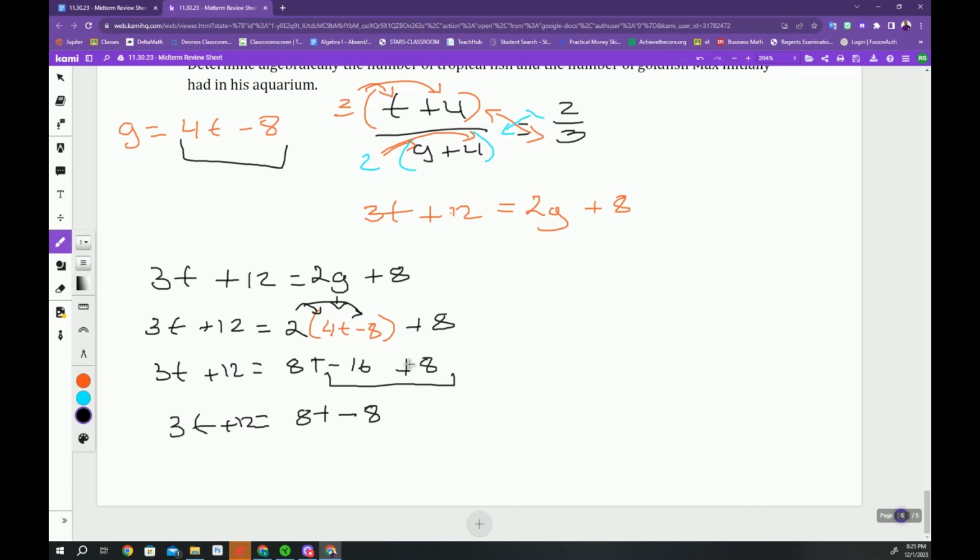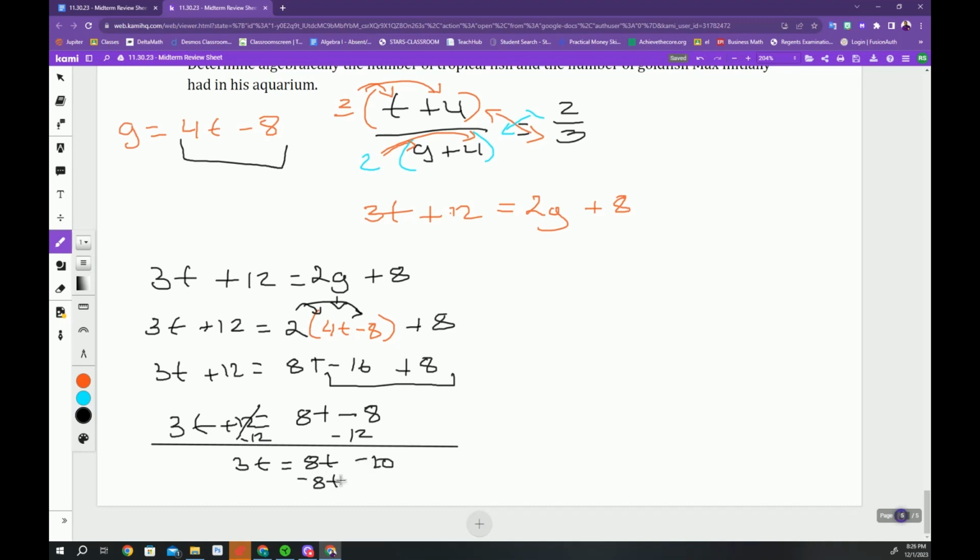Now we're just going to get all the constants together. Let's subtract 12 from both sides. 3T equals 8T minus 20. Now we're going to get all of the T's together.